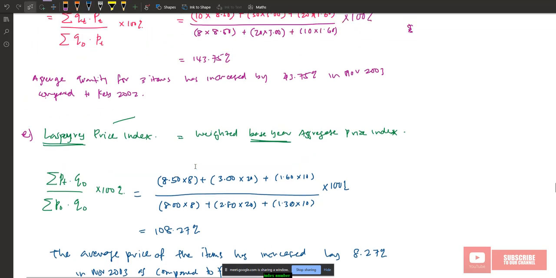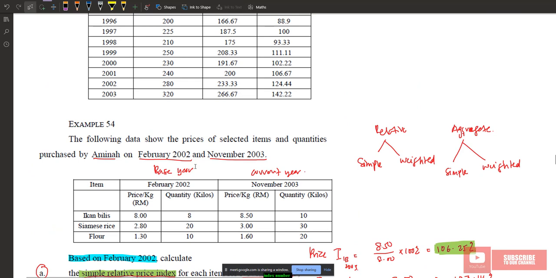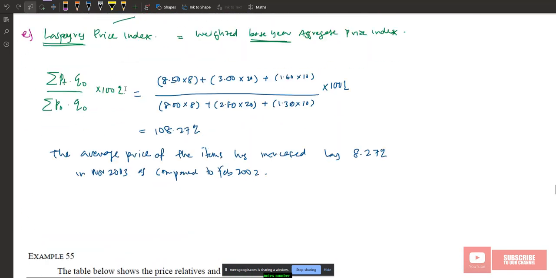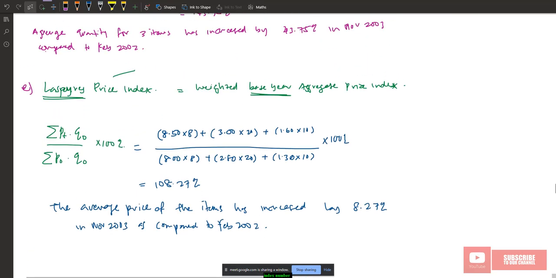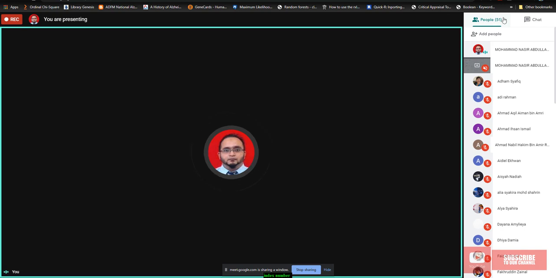So far we already looked at all the formulas in index number, which is simple relative, weighted relative, simple aggregate and weighted aggregate. Right. So far, do you have any question? Do you understand, or do you have any question?